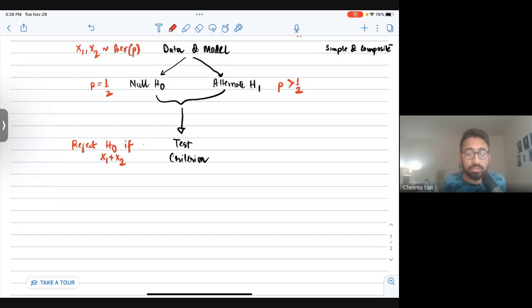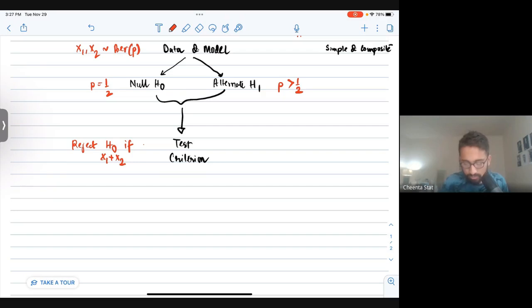X1 plus X2 is nothing but the total number of heads, okay? A total number of ones observed in Bernoulli X1 and X2, like two tosses.